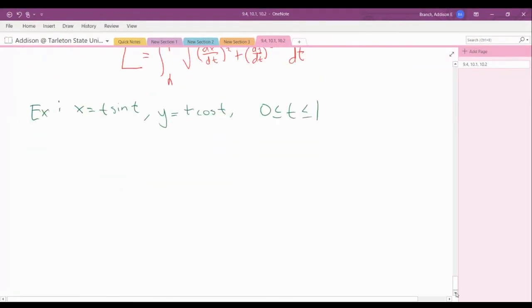All right, so let's go ahead and start on this setup. So we know our alpha and beta are going to be 0 and 1, times the square root, and we're going to have our dx and our dy. So let's go ahead over to the side and solve for those.